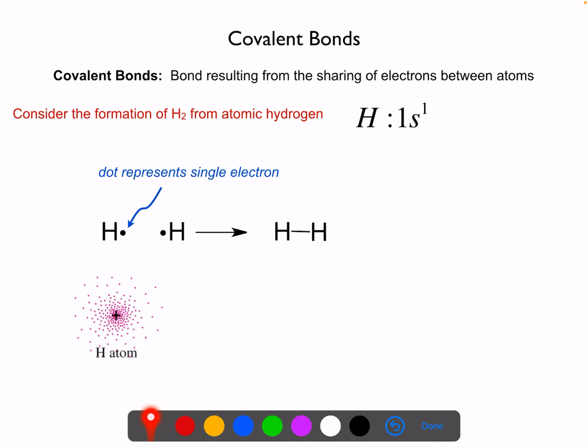Let's think about an energy diagram then for molecular hydrogen. What are we doing? We're taking two 1s orbitals, hydrogen with one electron and hydrogen with one electron, and we're bringing them together. What I want us to consider is, what is more stable? The hydrogen atom with the electron in a 1s orbital, or molecular hydrogen, H2?